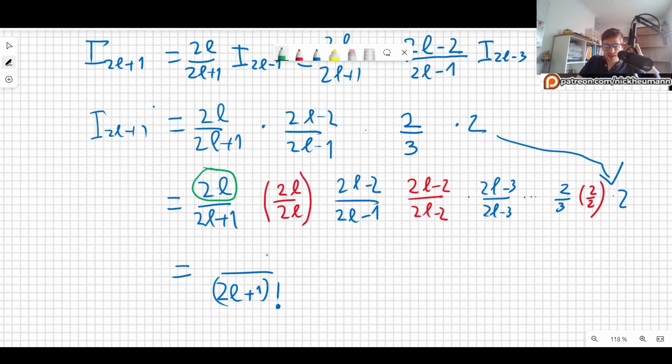So what we could do would be to factor out a 2 in the numerator. We factor out 2. So that means that we would get 1, 2 from the first one, right? 1, 2 from here, 1, 2 from here, 1, 2 from here, and so on.